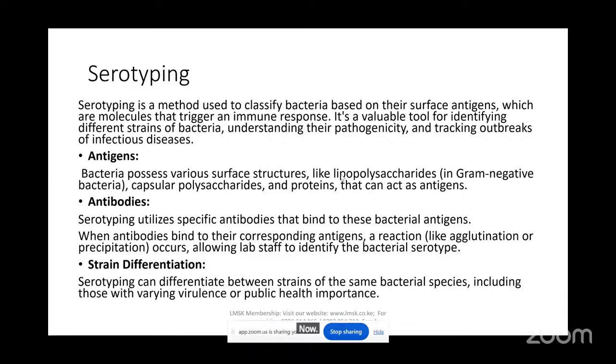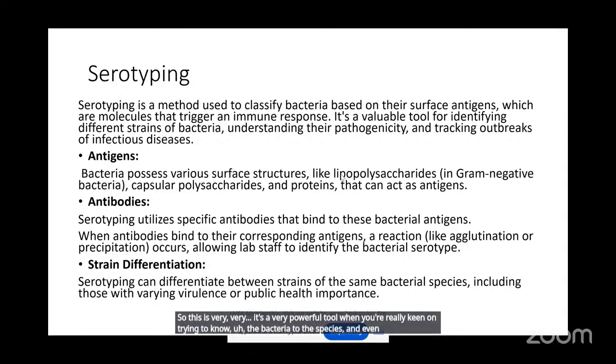Now, most of the identification methods will not commit to the identification of these organisms to the strain level, some even to the species level. They will tell you to complement your identification with serotyping methods. So this is a very powerful tool when you're really keen on trying to know the bacteria to the species and even to the strain level.